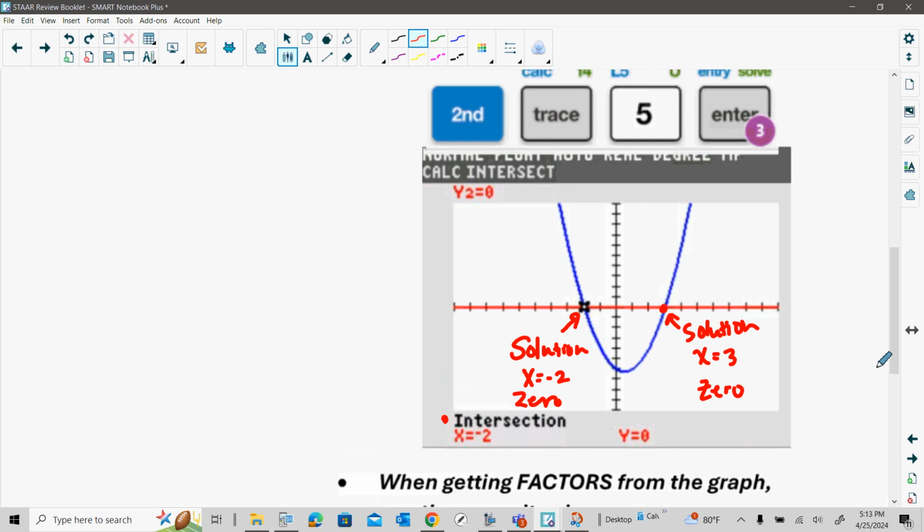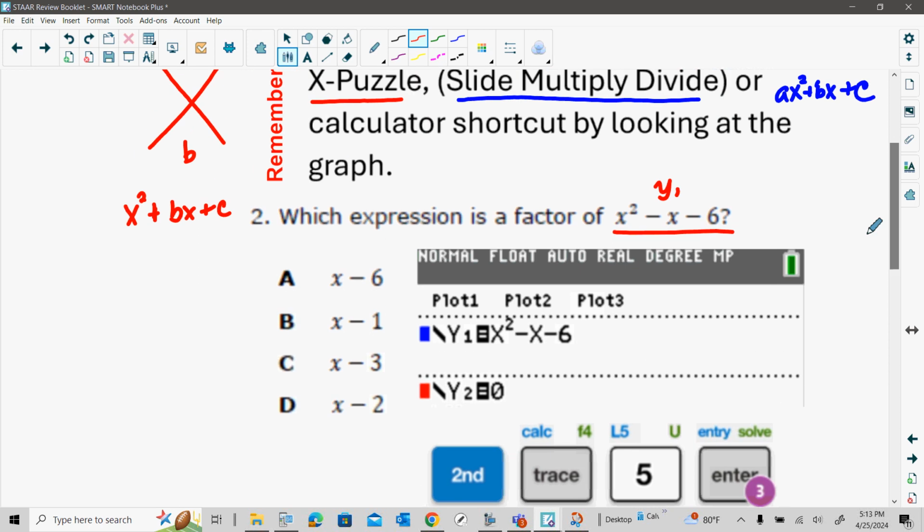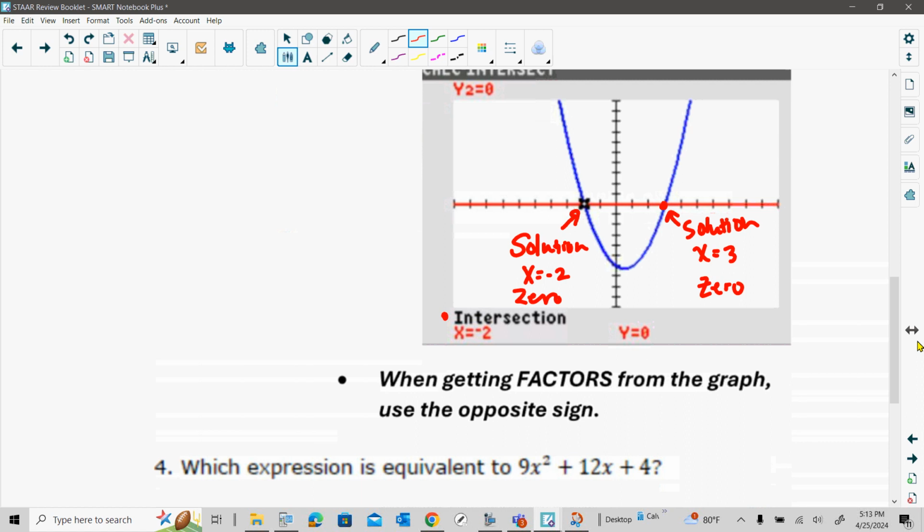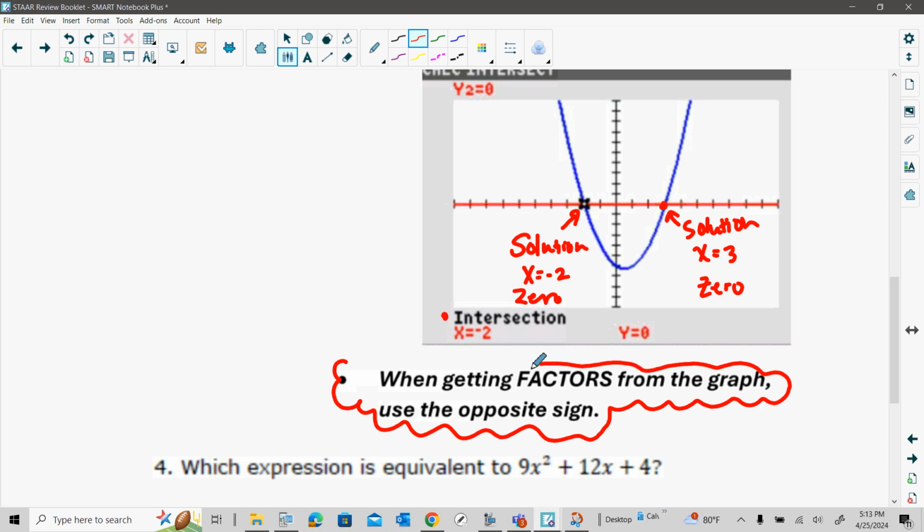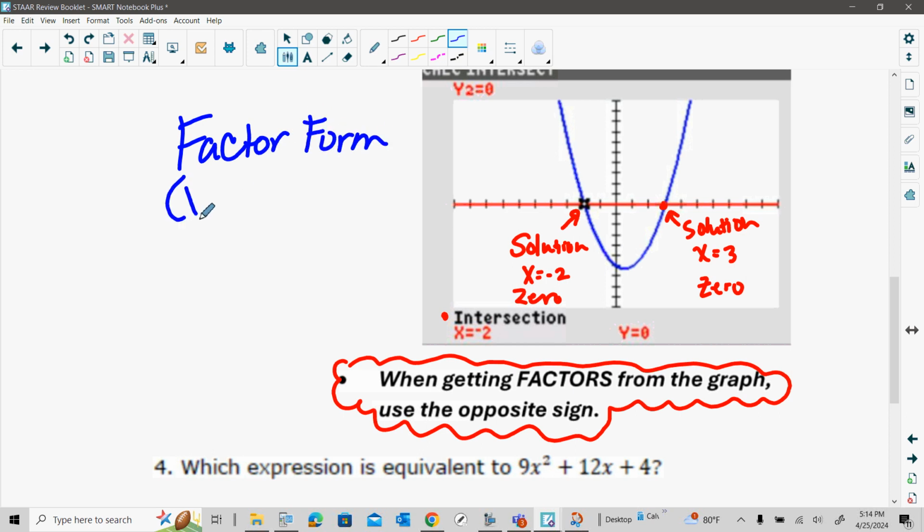because the keyword on this problem said factor right there, we have to work kind of backwards. When getting factors from the graph, this is important: you have to use the opposite sign. So this is our factor form. Our factor form, or a form that has factors in it, is whenever we have x minus some number, and then x minus or plus some number.